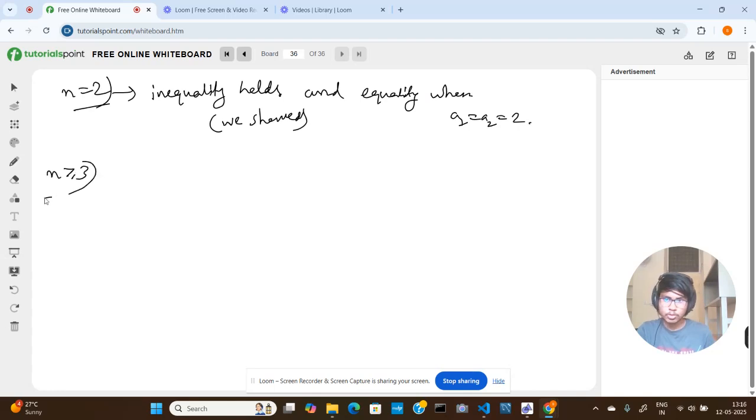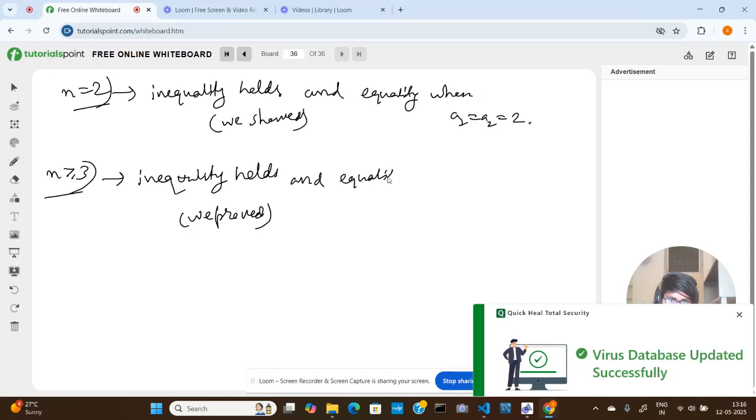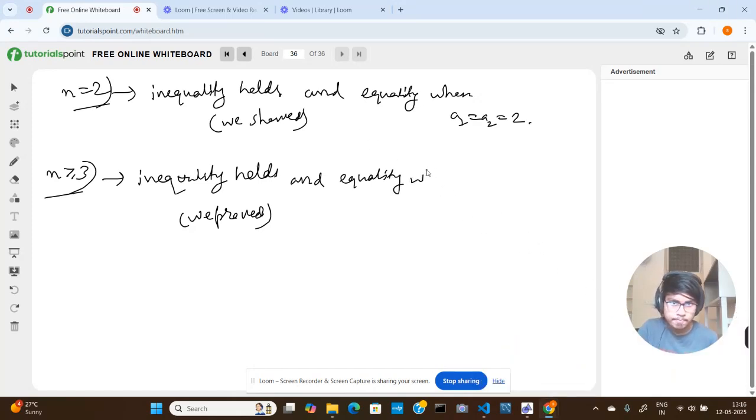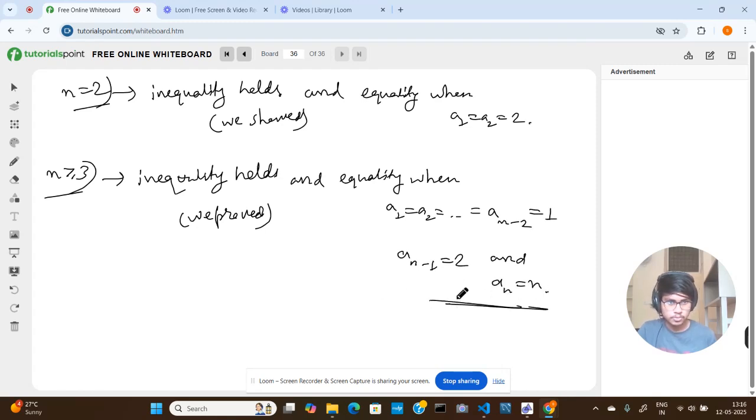For n greater than or equal to 3, the inequality holds, we proved, and equality when a1 equal to a2 equal to so on up to an minus 2 equal to 1, an minus 1 equal to 2 and an equal to n. So this is the answer.